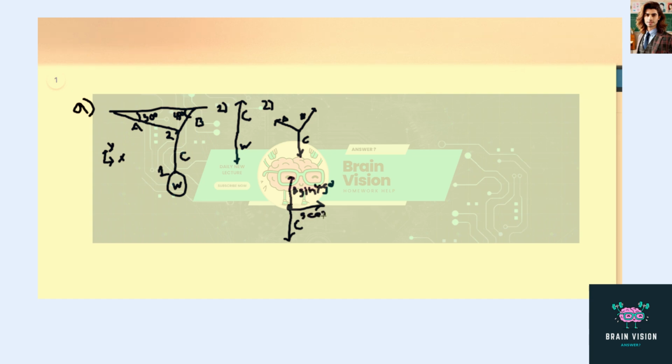And we're going to do the same thing with cord A. You see the vertical component is going to be A times the sine of 30 degrees. And the horizontal component is A times the cosine of 30 degrees.